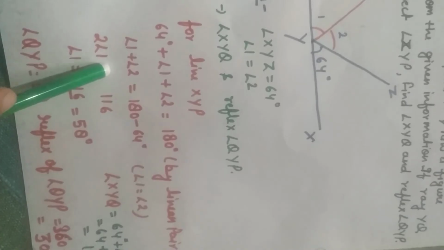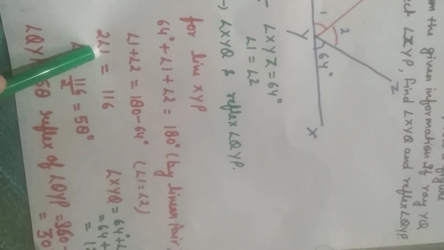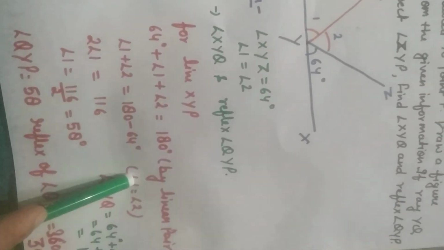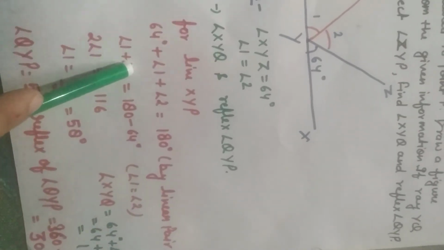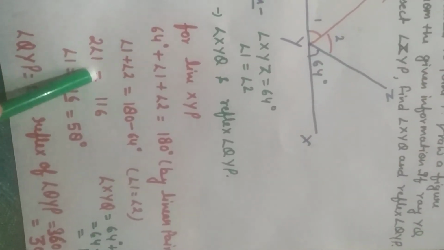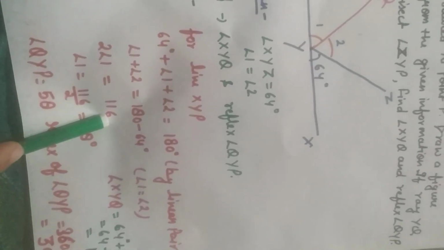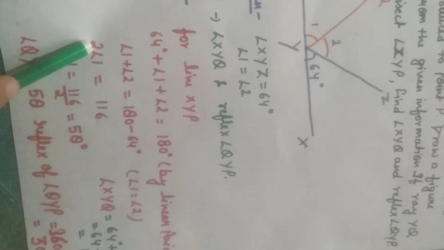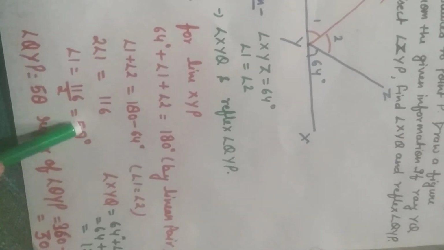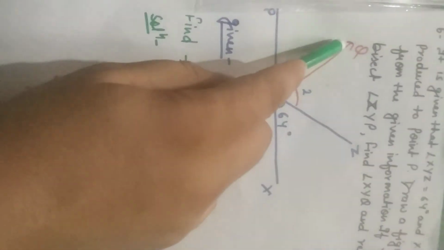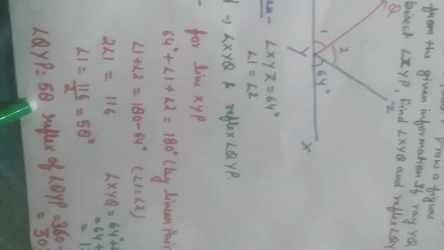Again I am keeping twice of angle 1. Why? Because angle 1 is equal to angle 2. In the place of angle 2 if I keep 1, then 1 plus 1, twice angle 1, is equal to 116 degrees. Now 2 is multiplied, so it comes to the other side as divide. 116 upon 2 means 58. Angle QYP is coming out as 58.